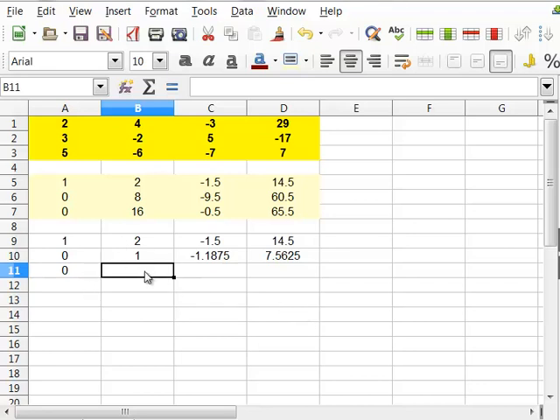So here I want to say equals 16 times this entire row and subtract this entire row. That's what I'm trying to do. So 16 in the first case referring to the lead coefficient. Let's point at the 16, but that's going to be a lead coefficient 16, so I put $1, times this number, but I want to pin down the row because I want it to really be row 10, although really it doesn't matter in this case, but I'm going to do it anyway.